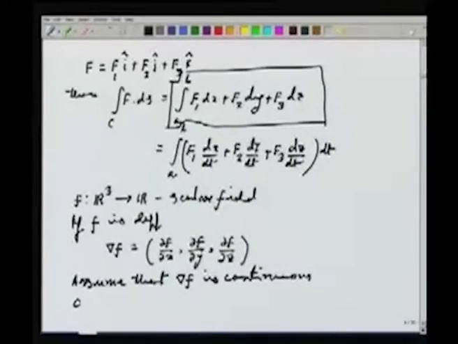And suppose C is a nice curve, that means C prime is continuous. I am always using this property on the curve. Then I can always think about the integral over C of grad f dot ds. Let us say C is from [a, b] to R3.